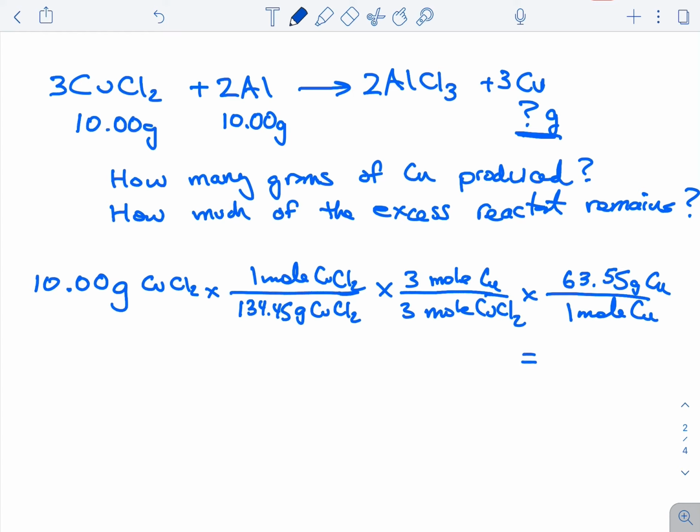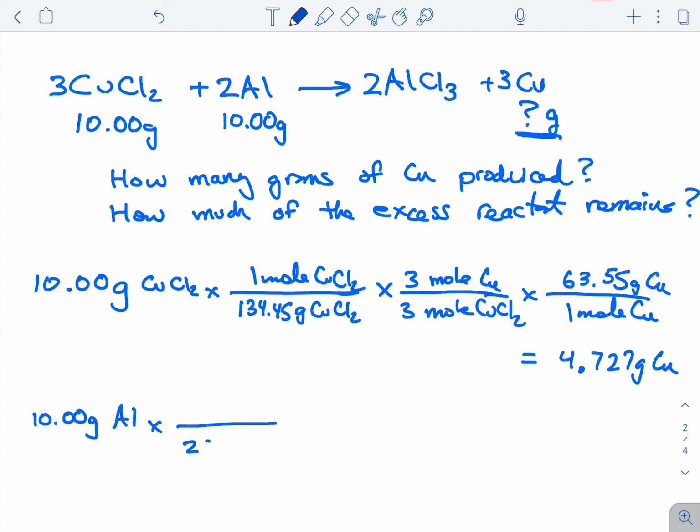All right, so we punch that through the calculator. And if I've done that correctly, that is 4.727 grams of copper.